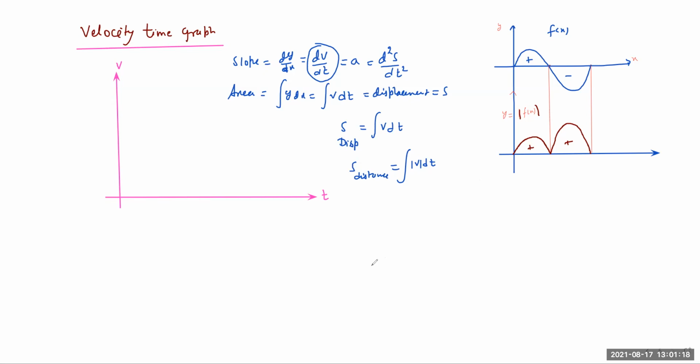So v dt is for the short period, then you integrate to find the entire period, whatever period you are interested in. So displacement is always defined for an interval, right? So the limits of integration will decide the interval. Okay.